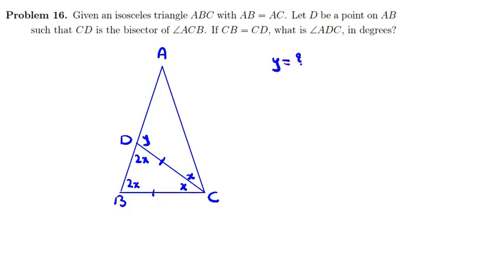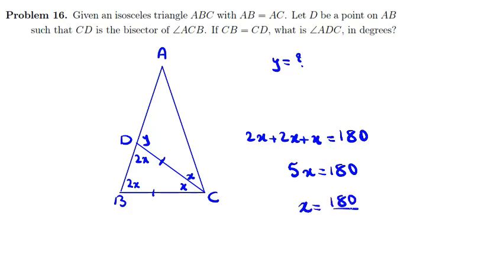Y is what? Because of this triangle, you have 2x plus 2x plus x, which is what? Angles of a triangle, which is 180. So 5x equals 180. So x equals 180 over 5, which equals 36.